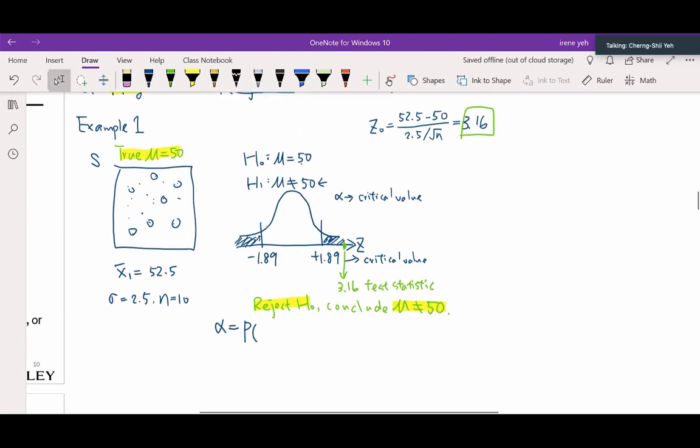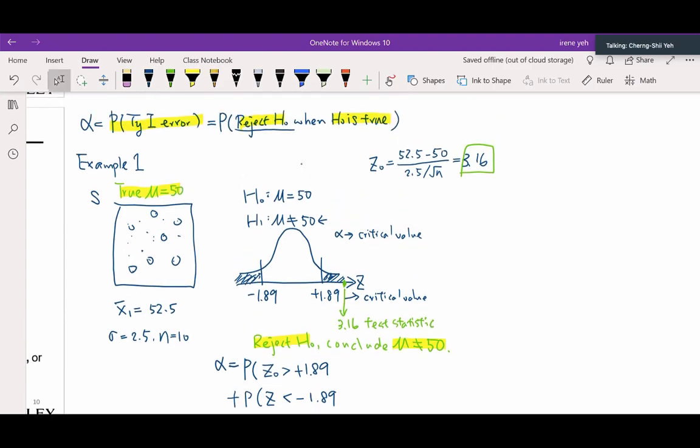So in two situations, we'll reject the null hypothesis: when my z statistic is greater than my upper bound, or when my z statistic fell below the lower bound, plus minus 1.89. These two situations lead to the conclusion of rejecting the null hypothesis, so we add up their probabilities.